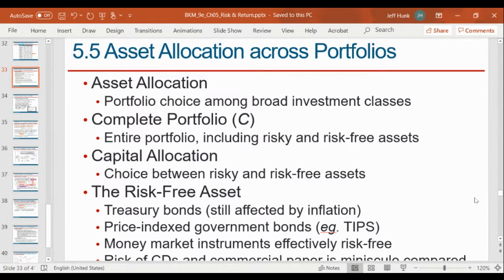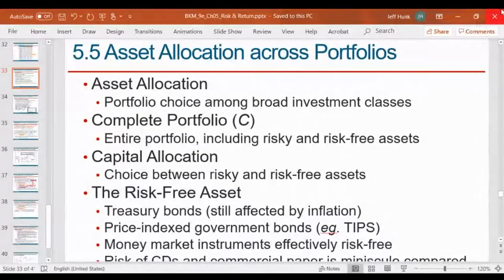But for now, we will just think about the allocation of funds between the risky portfolio and risk-free assets, right?